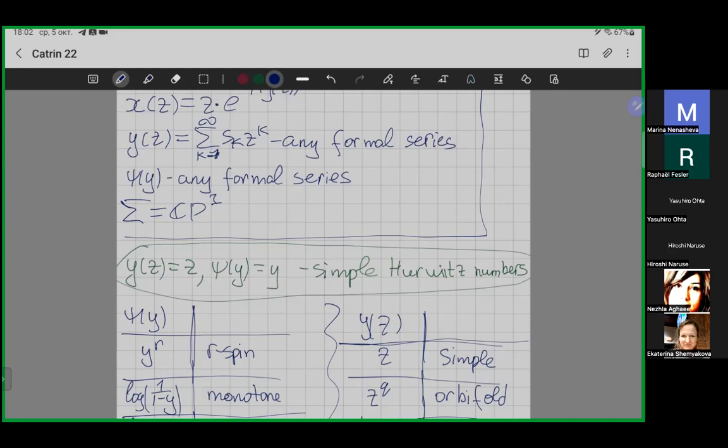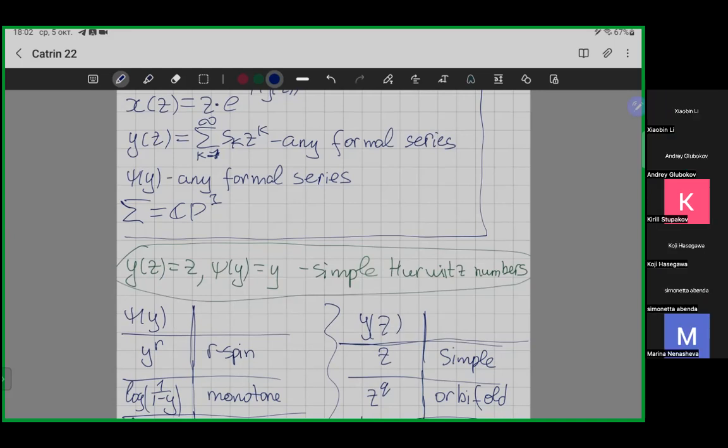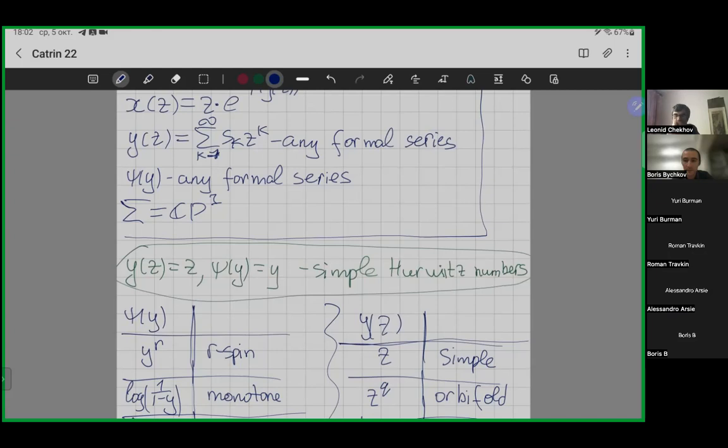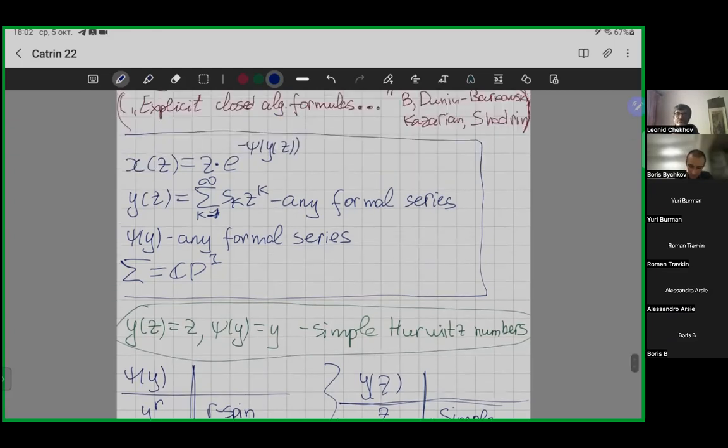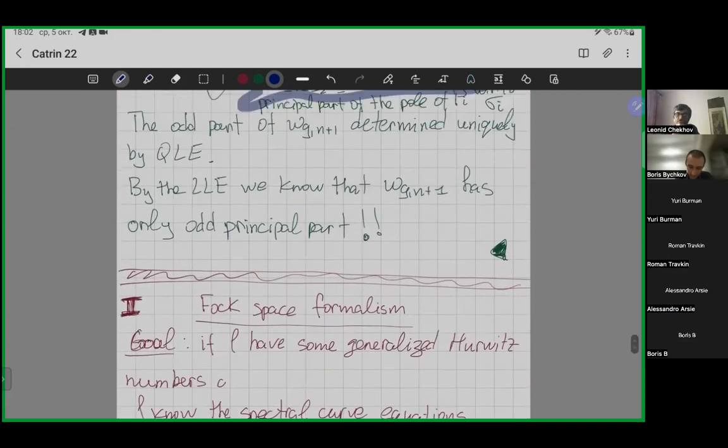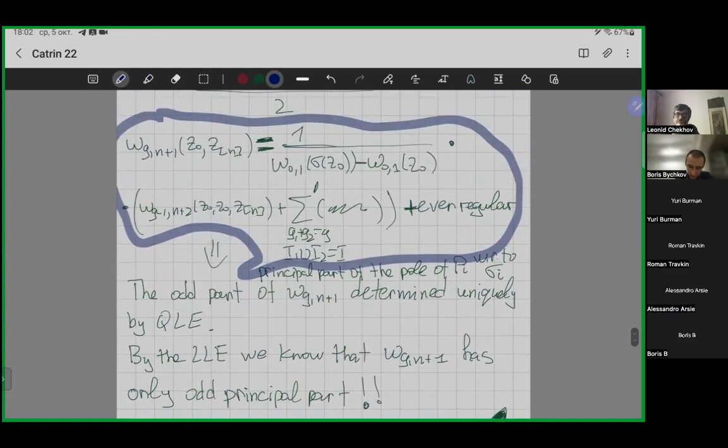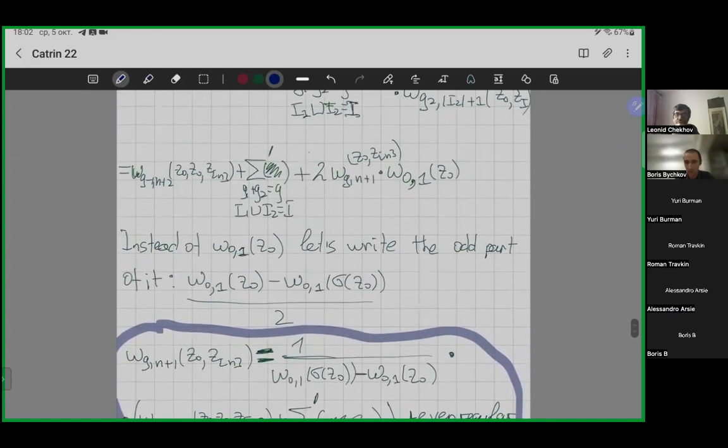I have a probably stupid question. You talk about a reformulation of topological recursion relations, right? But this is not the reformulation of Kontsevich and Soibelman, which, as I understand, is much more than just a reformulation.